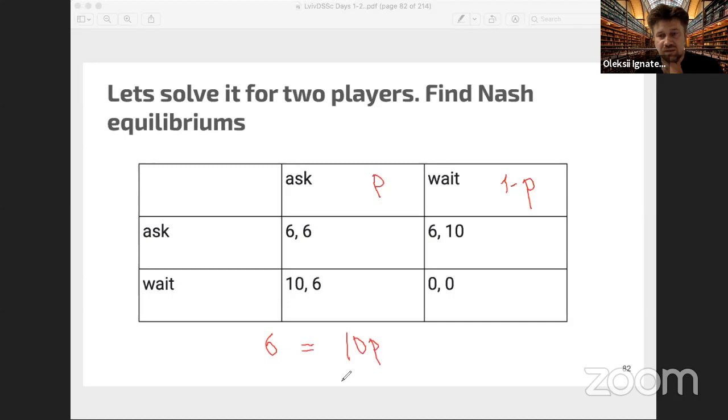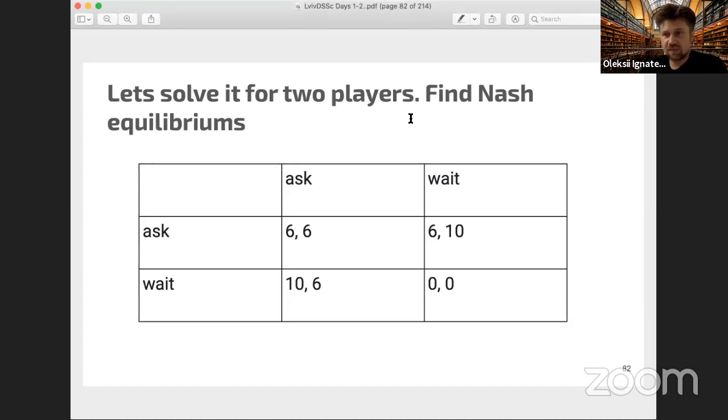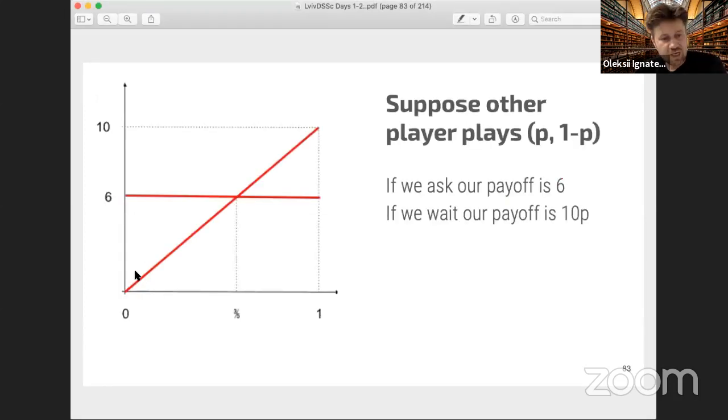So equalizing this, we have the indifference condition that determines the mixed Nash equilibrium. And I can show you this as a picture. So we have 10p and we have 6, and the intersection is at 3/5. It's the point where the player is indifferent between the two pure strategies.